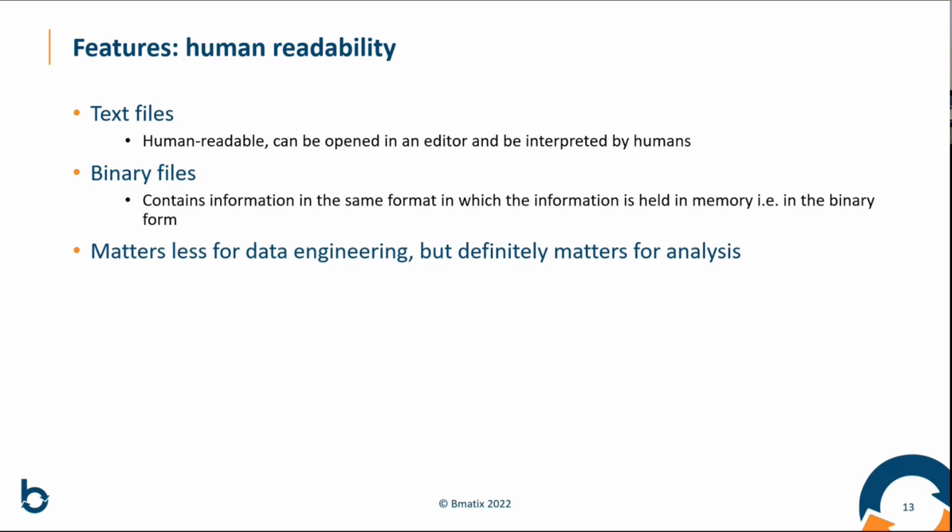So that is why you have to think about what you want to do with the files, where it's going to be used, which software you're going to use with it, and then you can make a decision based upon whether you want human readable files, which are the text files, and binary files that contain the data as it is laid out.